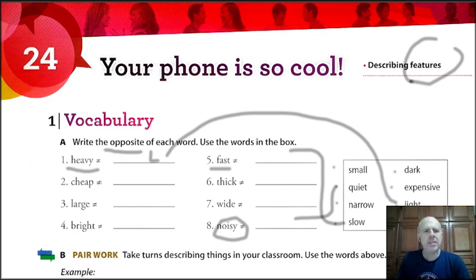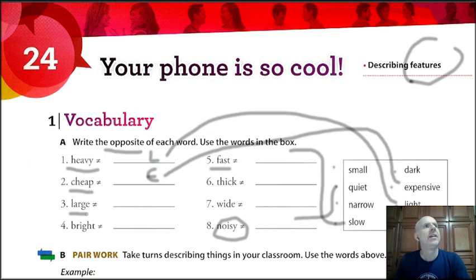And cheap. Well, we've just talked about money, and we talked about this word cheap and the opposite of it. I believe we talked, at least in the lessons, about the adjective expensive. Large. Oh, that one is easy.